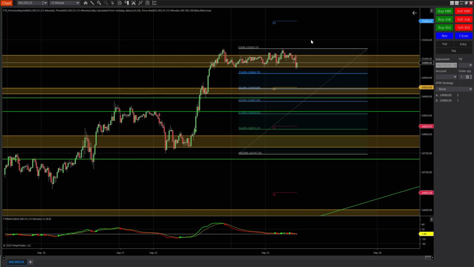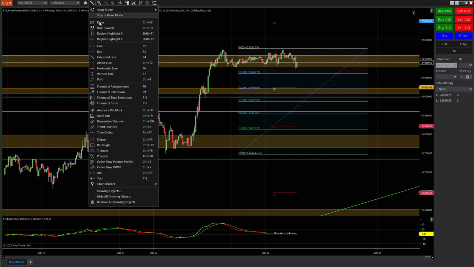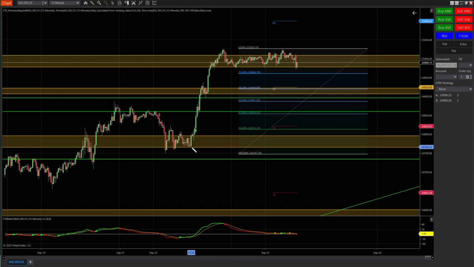Maybe throw on a trend line on the 1 or the 5-minute chart, say like this. And if it's a buy the dip day, every time it gets close to that trend line, you buy. We just got to wait until the market opens and see what happens.